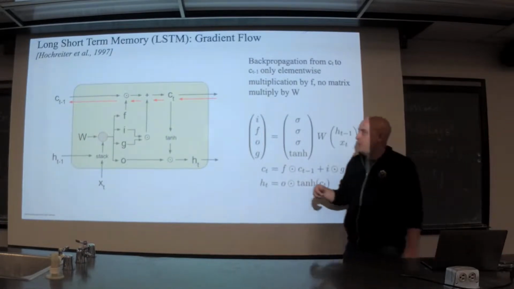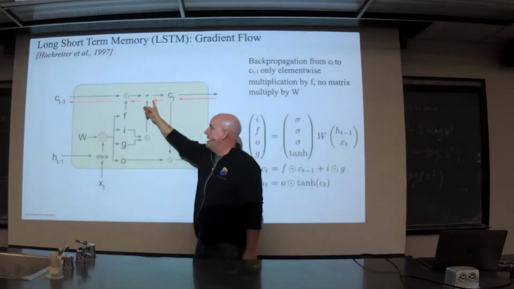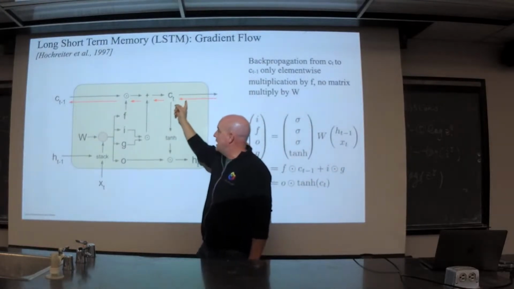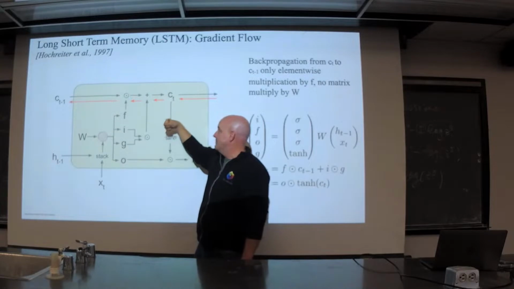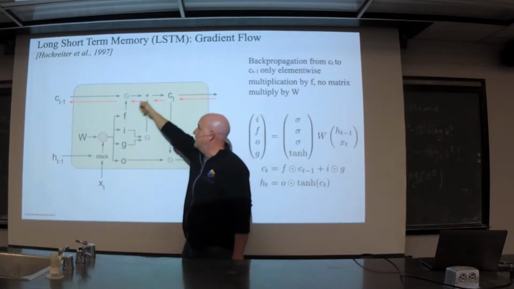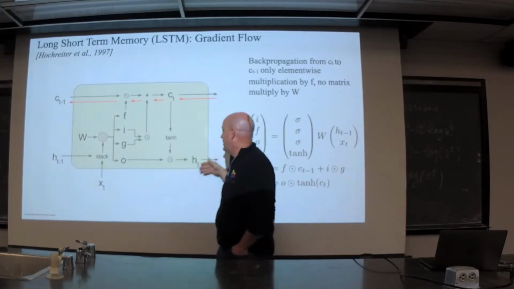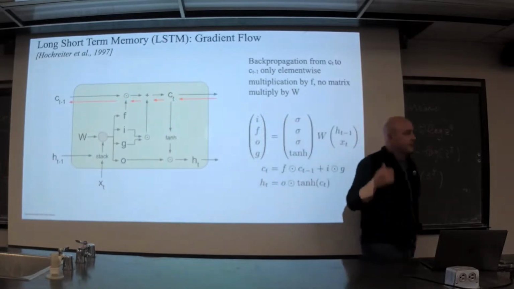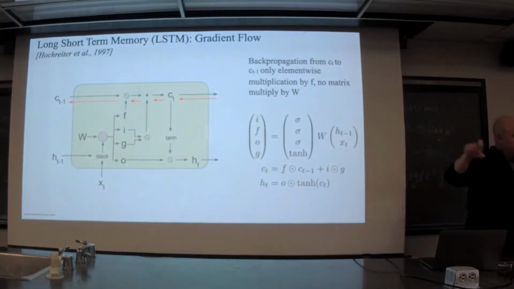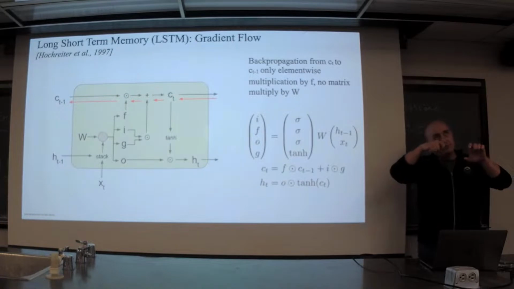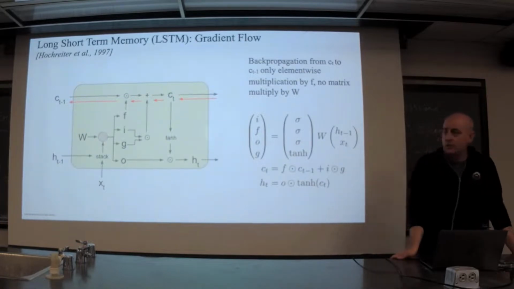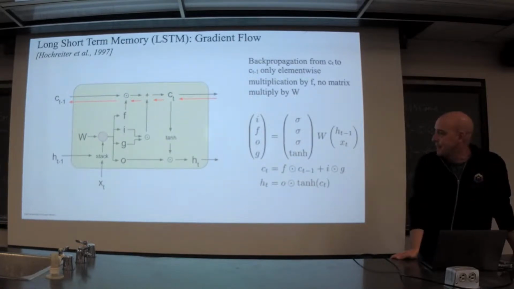So what we expect is that it should be much easier to backpropagate information through C than it was to backpropagate it through H, through many steps of the sequential data.